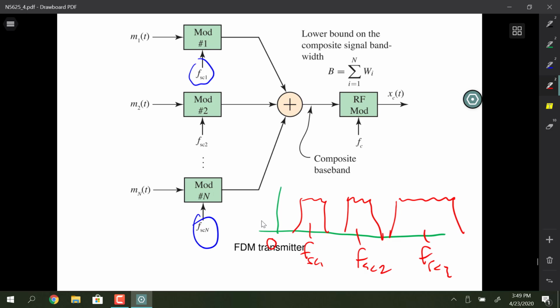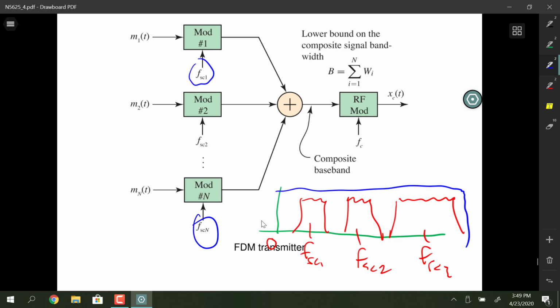And then those signals are added together. So in a sense, they're all one giant signal now that's just blocked by that blue low pass passband. And then that goes into an RF modulator that modulates it a second time onto the super high frequency carrier.